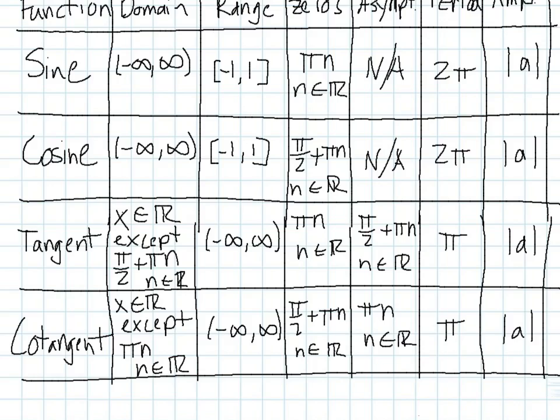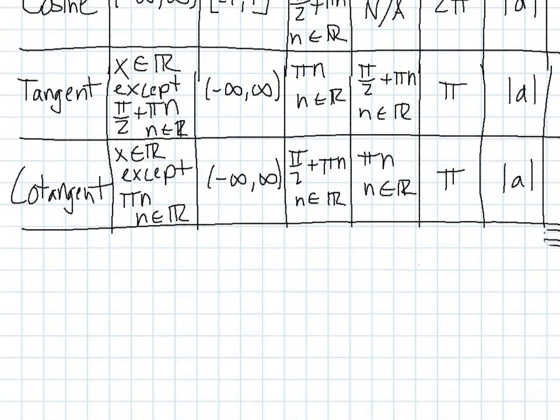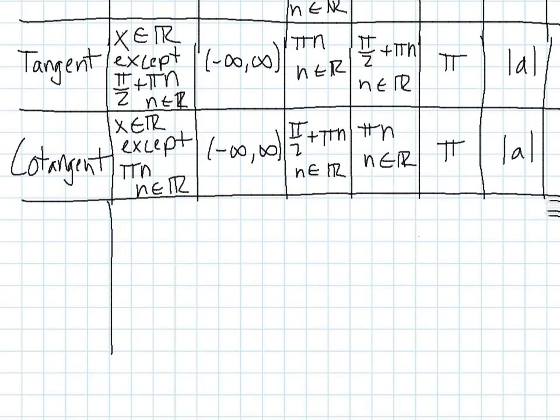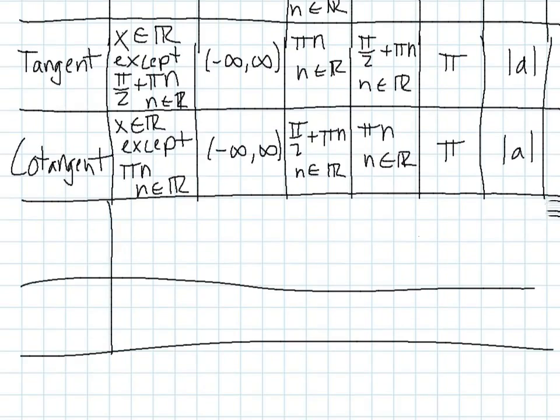Later on we'll be doing the same thing for secant and cosecant, so make sure you leave space underneath this chart where we can add those two. Okay? Have fun.